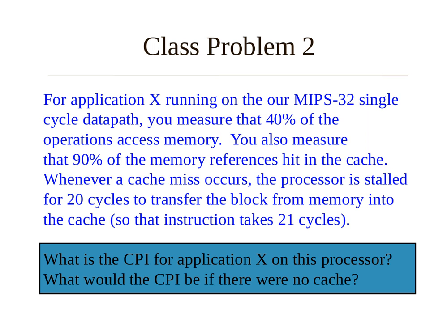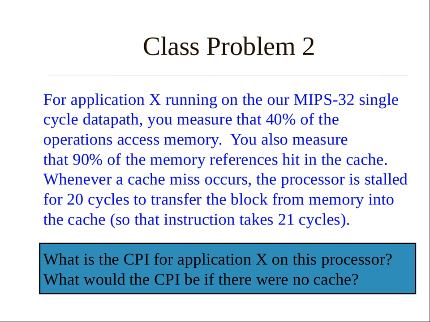Just trying to show you the importance of a cache. Significant performance difference. You see where I'm going with this, Bart? Yeah, but I don't understand why you still got this 0.6 times 1 in there. Oh, 0.6 is for ones that don't use memory at all. Only 40% access memory.